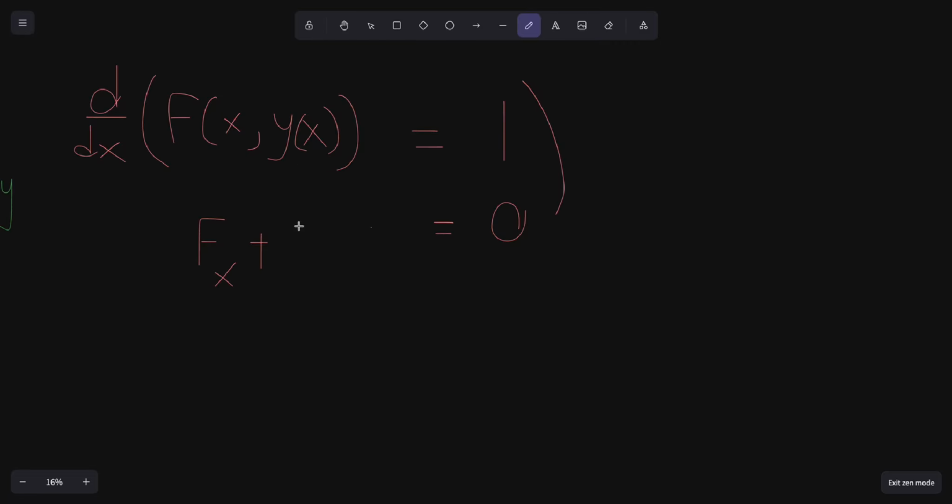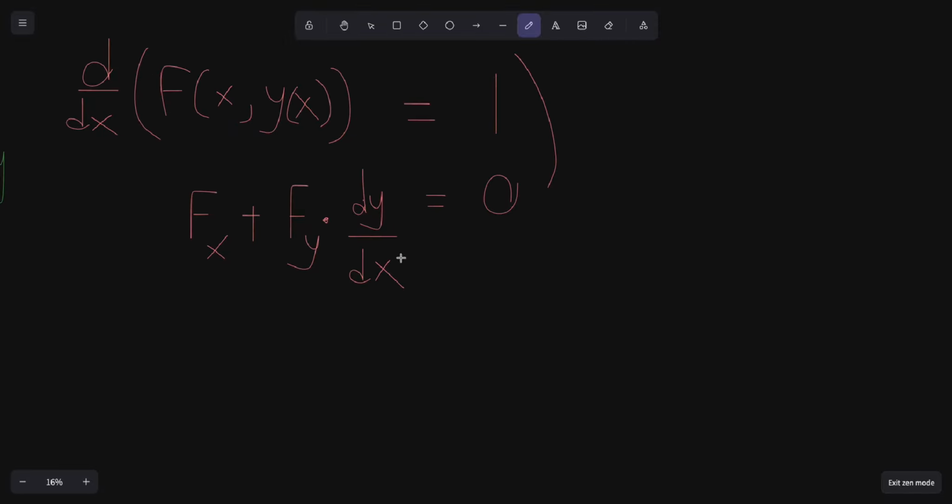And so this just becomes the partial with respect to y times dy over dx, because this is just using the chain rule. If we want to differentiate y, we treat it as the outer function, differentiate it like normal, and multiply by dy dx.